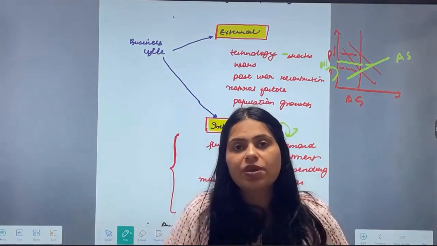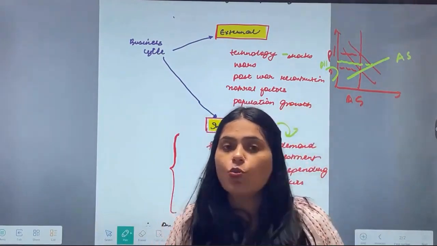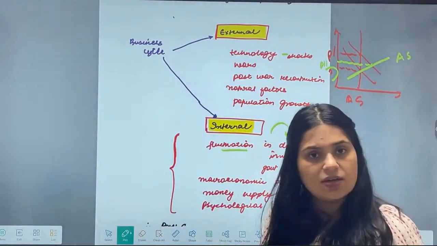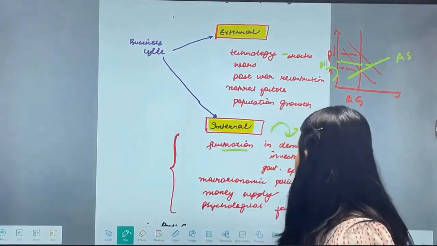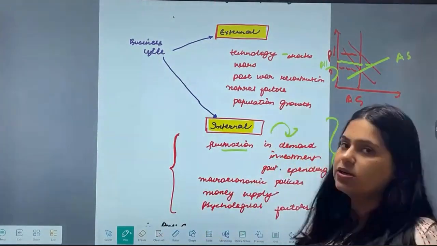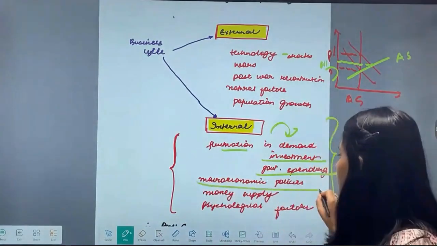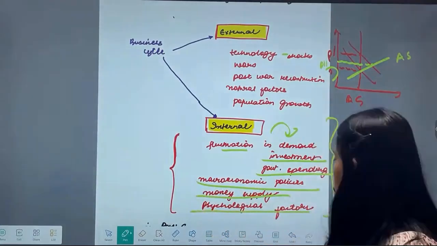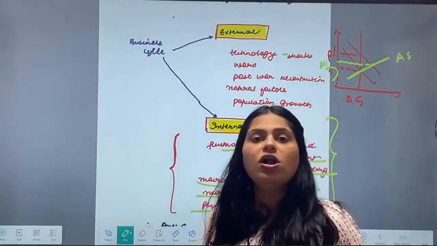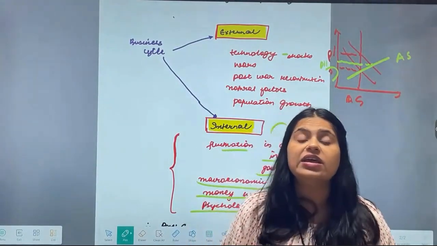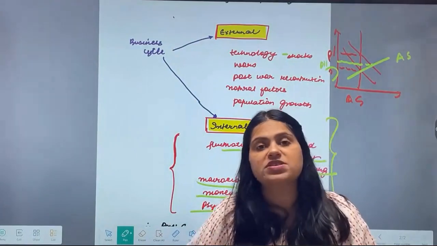It will keep going on, and it will define the boom period of the business cycle. So what we are saying, demand is an internal factor to the business cycle. Similarly, all these are internal factors: investment, government spending, macroeconomic policies, money supply, psychological factors. They are internally, endogenously affecting your business cycle.